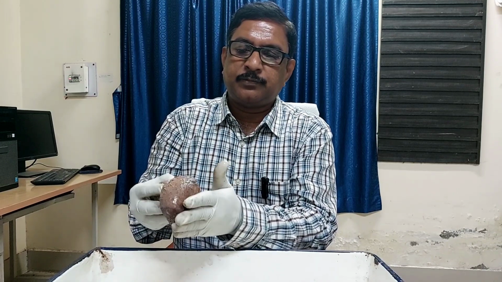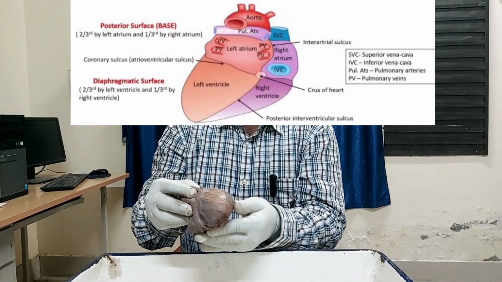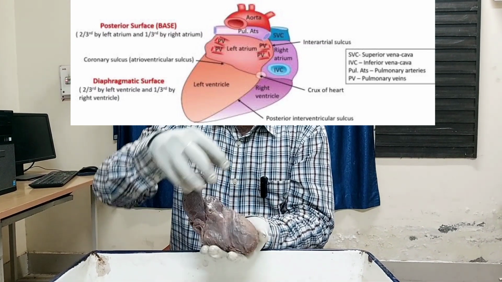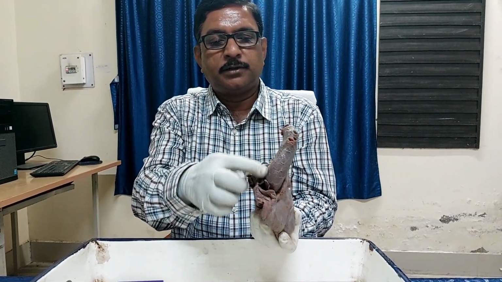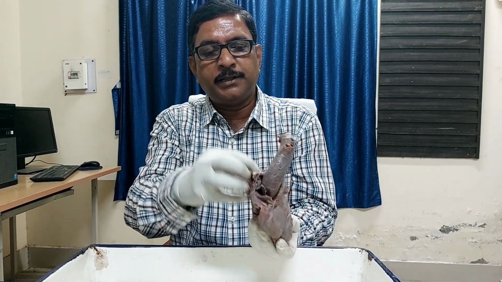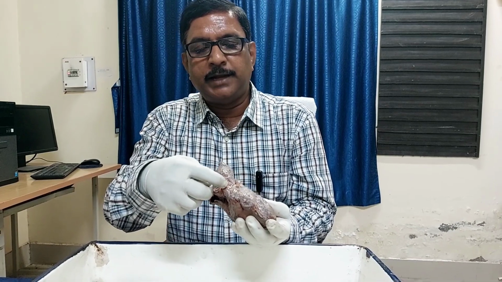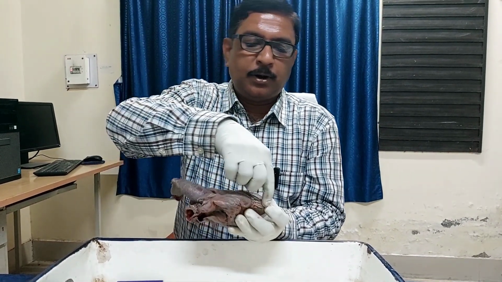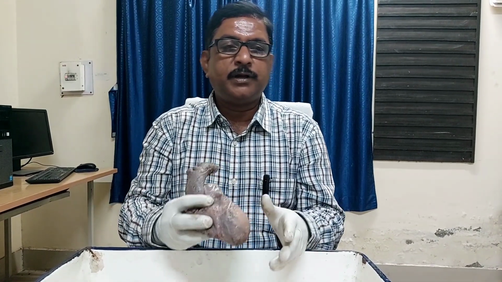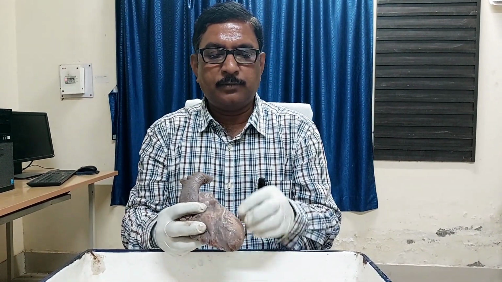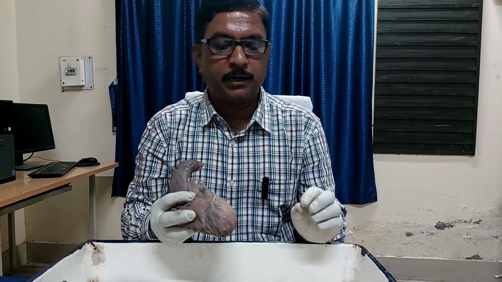Inferior surface, it is formed only by the two ventricles. So two ventricles, inferior surface, two ventricles, sternocostal surface, base or posterior surface by both atria, right border by the right atrium, inferior border by the right ventricle. These are the different parts of the heart formed either by the two ventricles or two atria or single ventricle or single atrium.